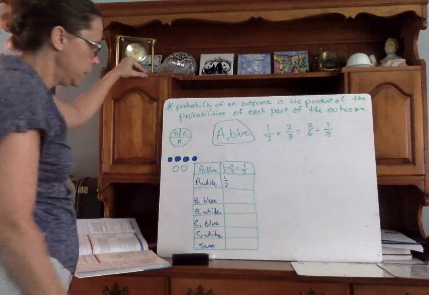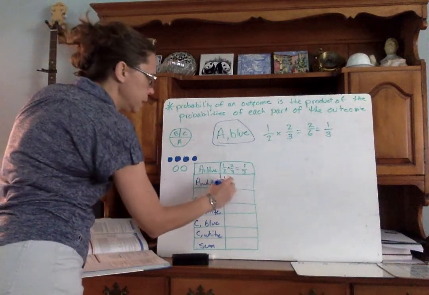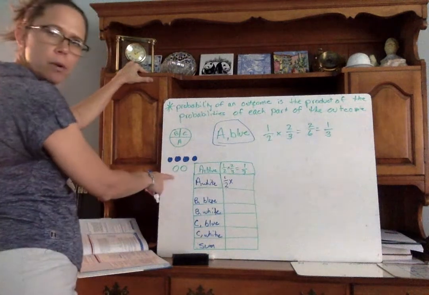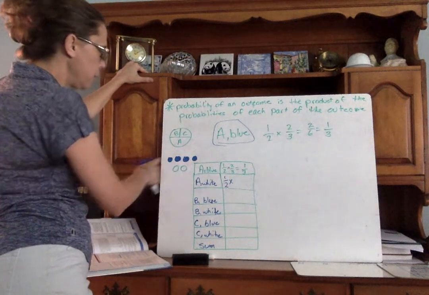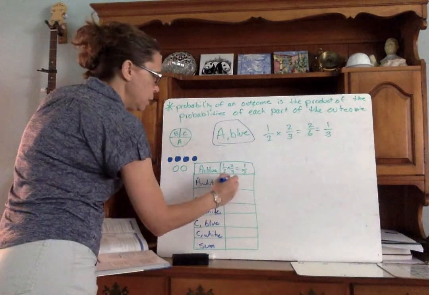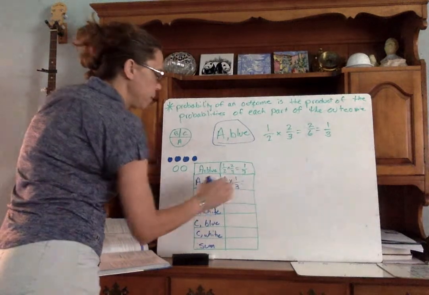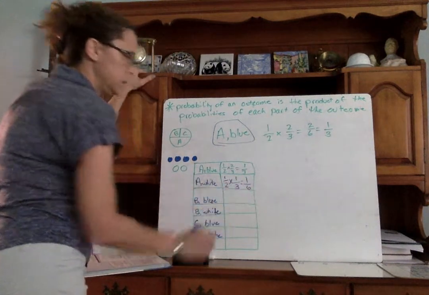The probability that I spin an A is 1/2, times the probability I grab a white, which is 2 out of 6, which is 1/3. 1/2 times 1/3, so the probability that I get A and a white is 1/6.